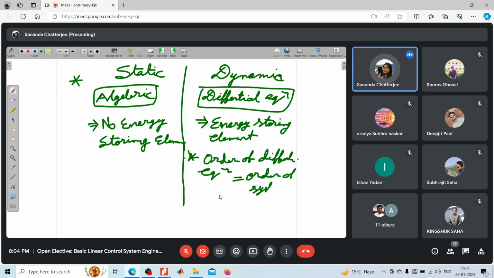So in general, how do we write a differential equation? Say the input of the plant is Vi and the output of the plant is Vo.